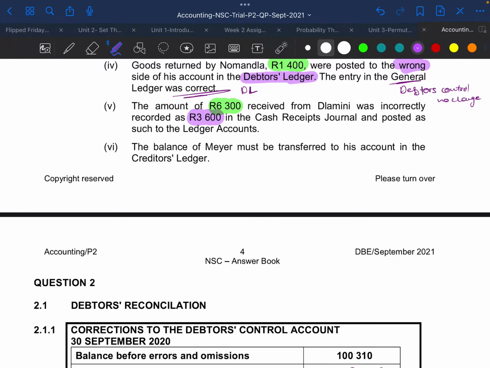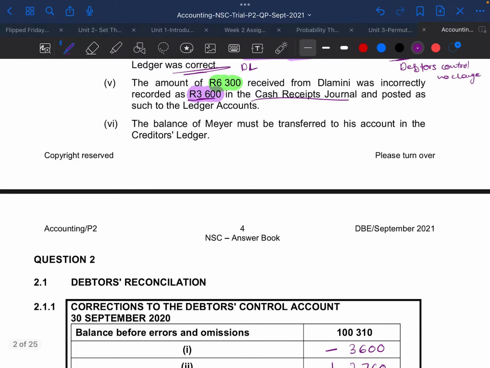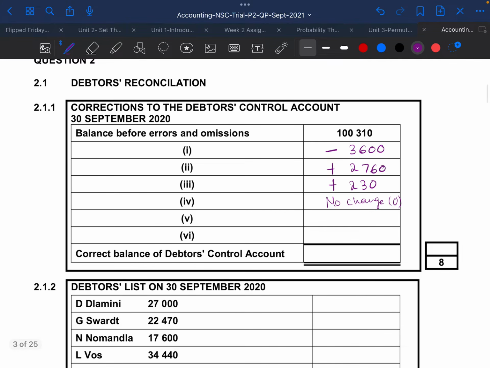And then when we proceeded to record into the ledger account, we recorded the very same 3,600 that we recorded in the CRJ. So now we need to take into account the difference between the two amounts, because we understated the amount that we received from Dlamini. So also this will affect our debtors ledger, but first let's correct the error.